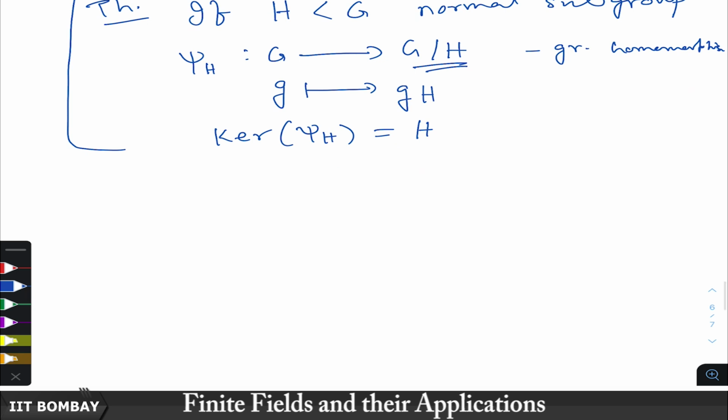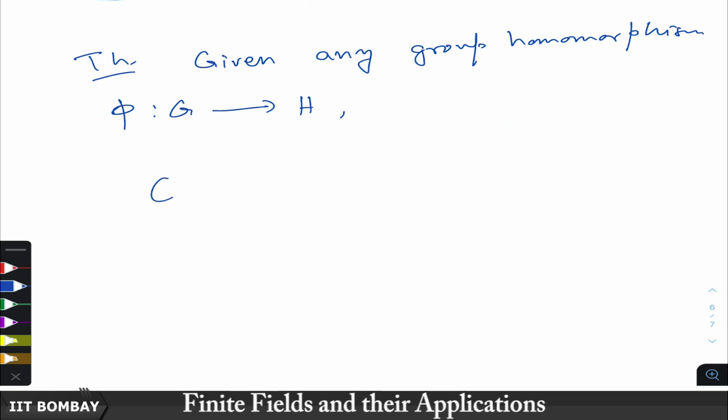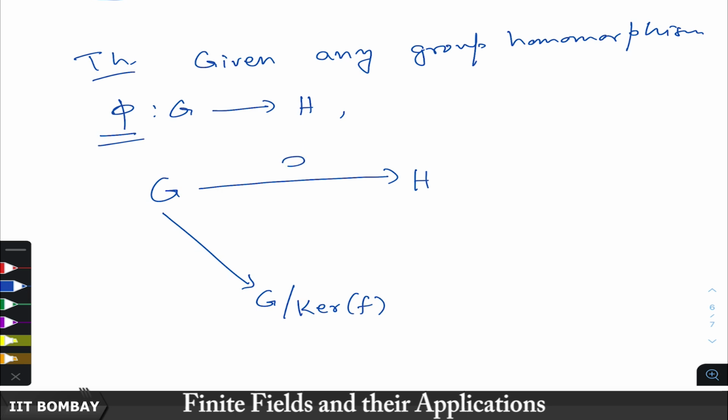Now, you can take any given group homomorphism phi from G to H. There is a map here, G to H. There is a kernel, phi is given, so we have the kernel, and we can see that there is a quotient group, and this phi defines a group homomorphism here from the quotient group of the kernel to H. Now, what is this map?